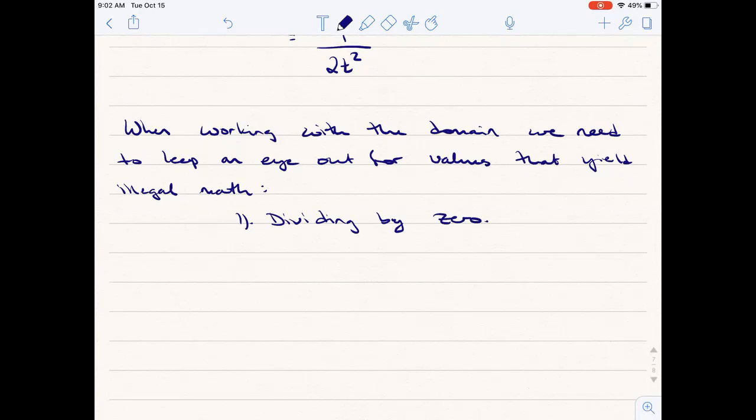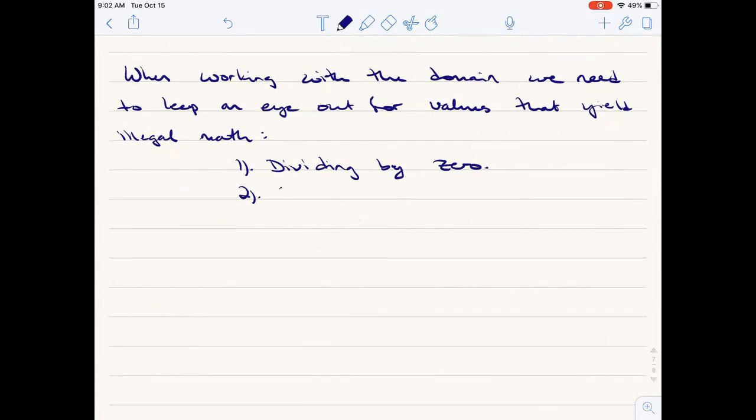Can't do that. So any input that's going to make you divide by 0 cannot be in the domain. Same thing, the square root of a negative number. We can't deal with those. Imaginary numbers. So those are your main things that you have to keep an eye out for.